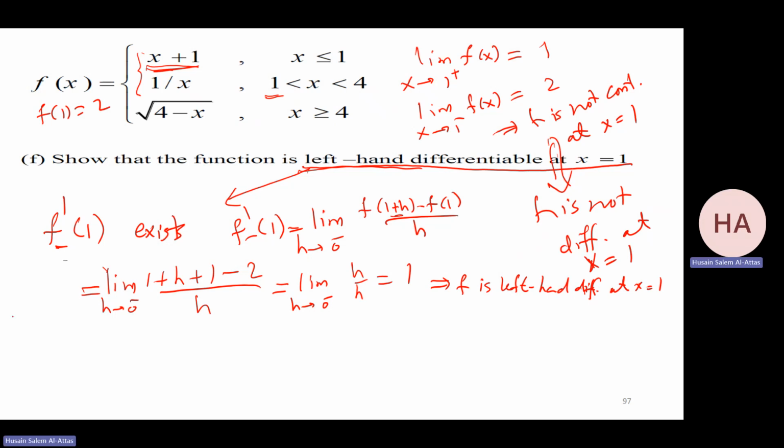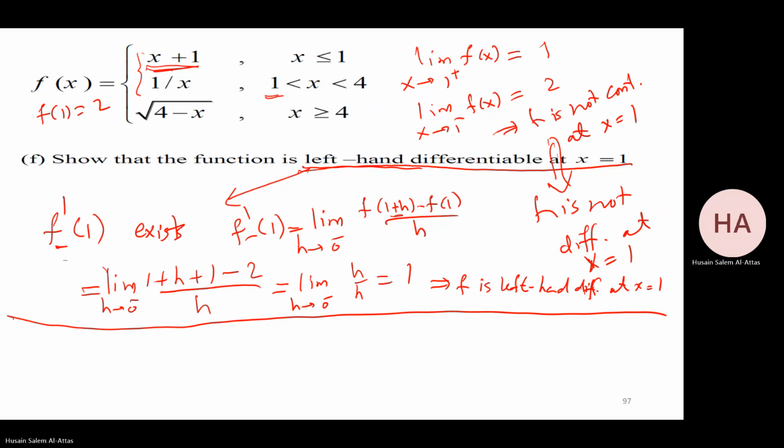This is the end of this section. Now we solved the problem. But is it right-hand differentiable? How to check? Let me check f prime from right at 1.